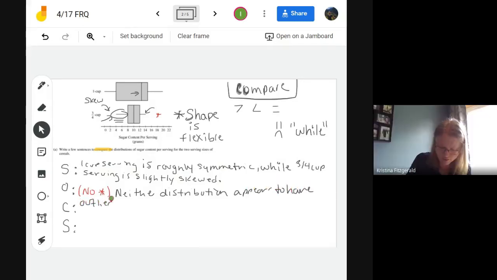Now, one good test tip here: you do have to have context, but as long as you've established it in your first sentence, we don't need to keep reestablishing it every time. I did indicate the 3/4 cup thing, but somewhere I'm going to have to indicate sugar content. As long as you have the context somewhere in your sentences, that gives you credit too.